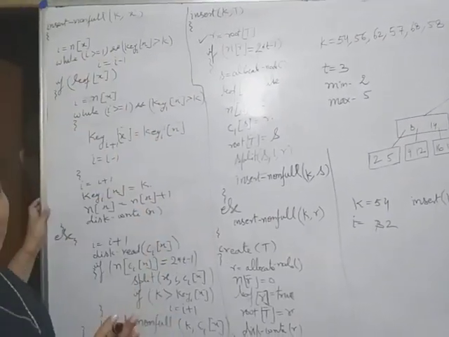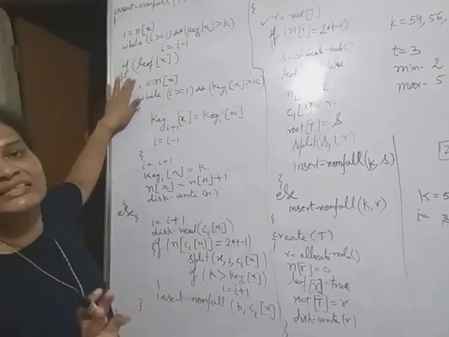Value I equal to 2, this will stop, and now check whether the x is a leaf node or not.